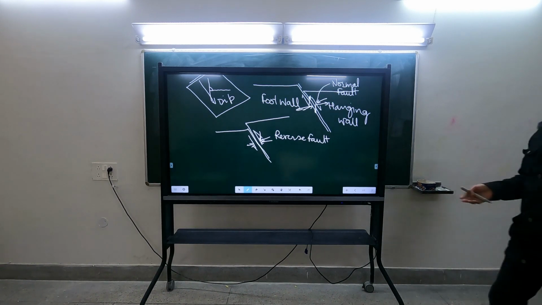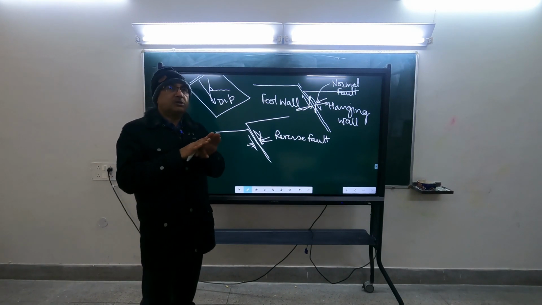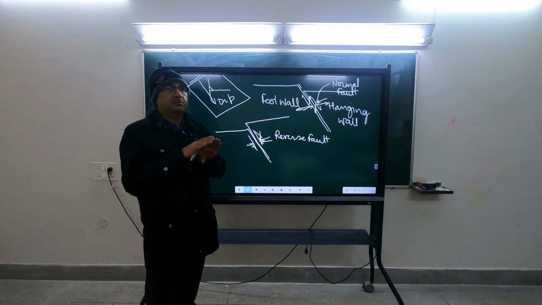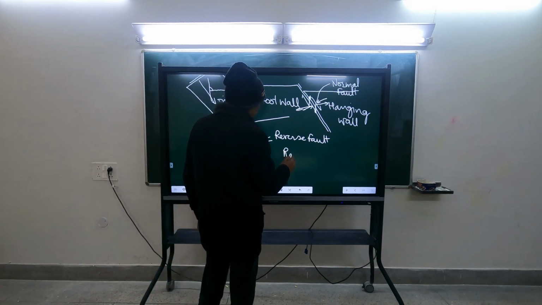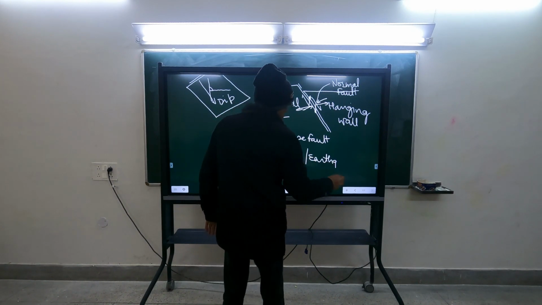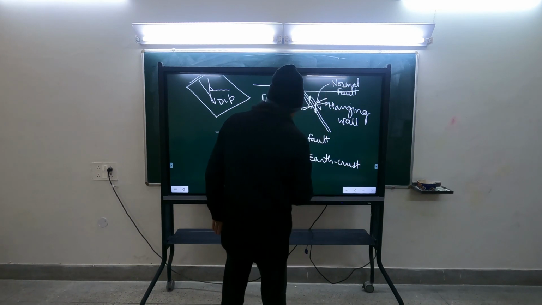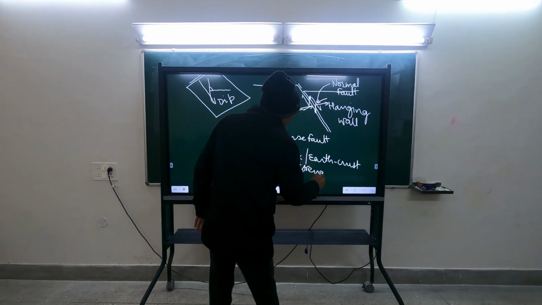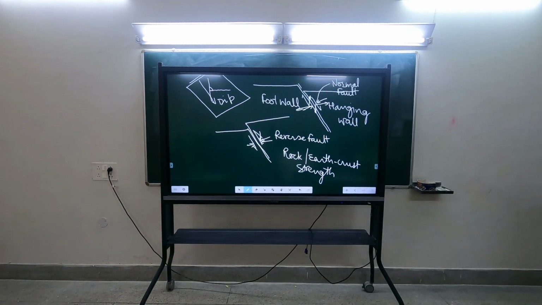How much energy can be stored will depend upon how much friction is available, and that will depend on the rock, that is, the earth crust strength. Wherever the earth crust is stronger, larger energy can be stored and a larger magnitude earthquake will occur.